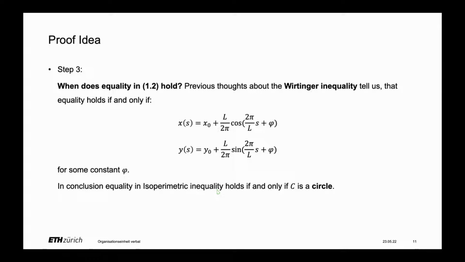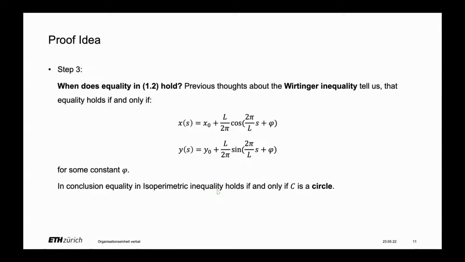Previously, our thoughts about the Wirtinger inequality tell us that the equality holds if x at point s is equal to x0 plus L over 2 pi times cosine of 2 pi over L s plus phi. We've seen that before in our Wirtinger inequality: we have an inequality, and afterwards the equality holds if and only if u of s is equal to a term.